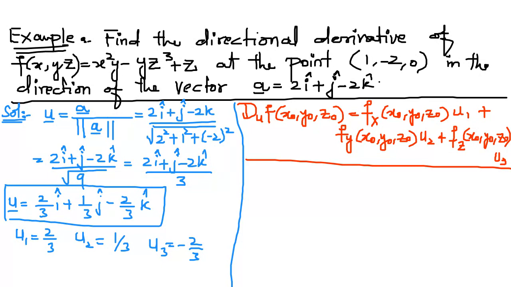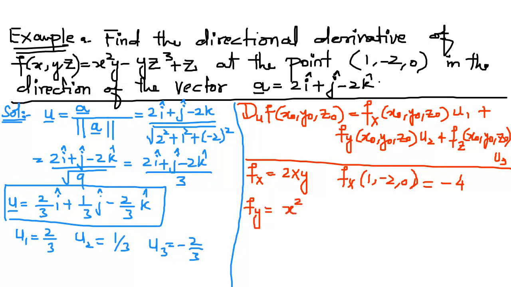Now what is the partial derivative with respect to x? That will be 2xy only. Okay, so if you substitute the point 1, minus 2, and 0, that will give you minus 4. Similarly, what is the partial derivative with respect to y?